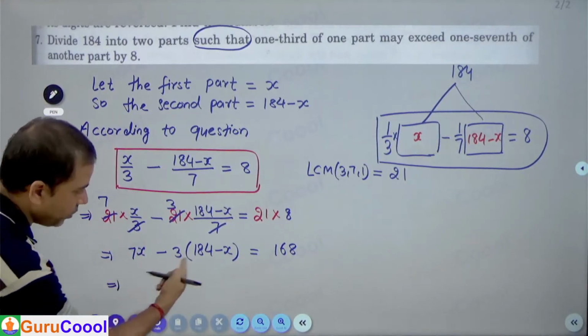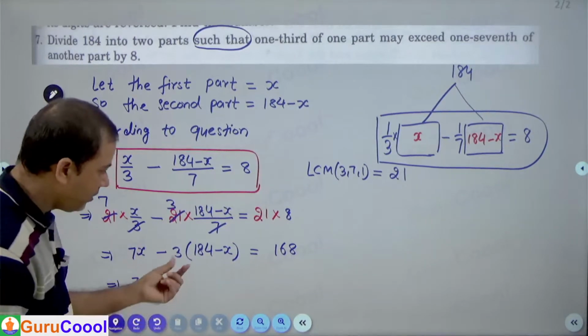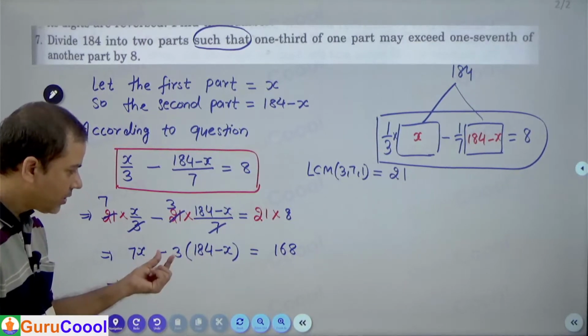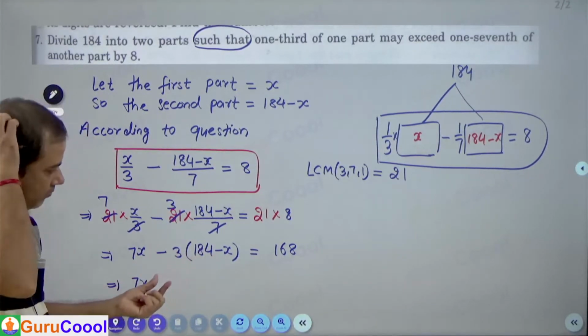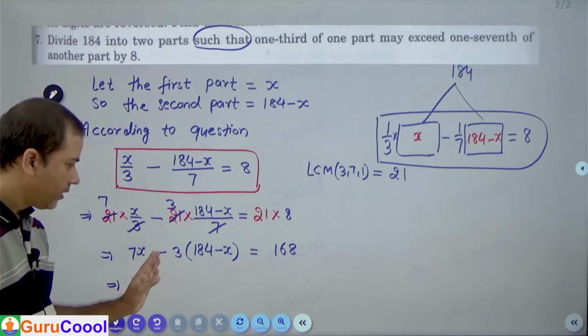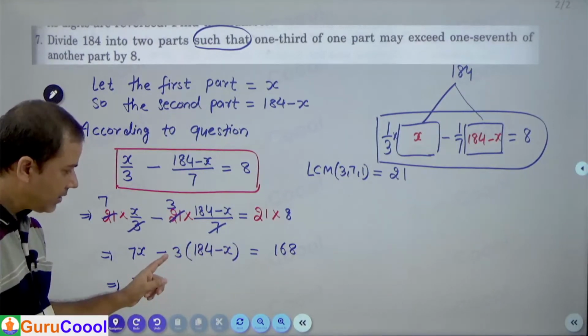Okay, now open the bracket: 7x, and be careful, you are opening the bracket and there is a minus sign before the bracket, so the sign will change. Be especially attentive when you are multiplying. Negative sign inside. Minus 3 into 184.